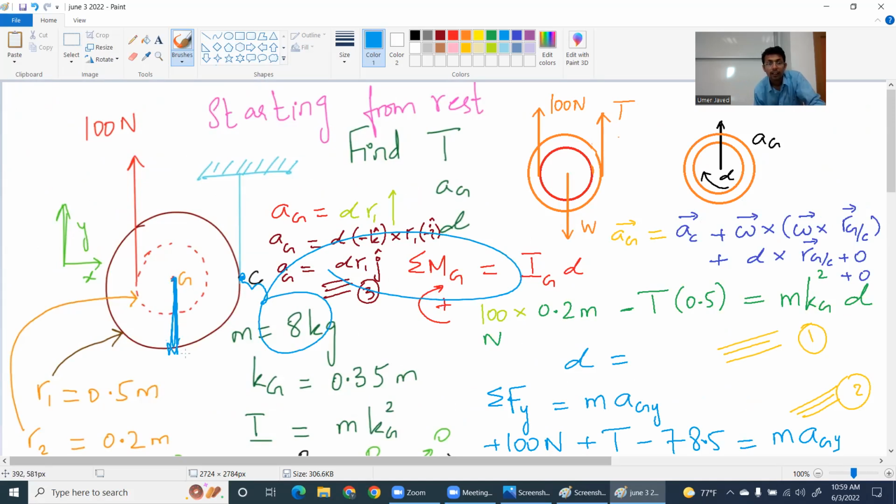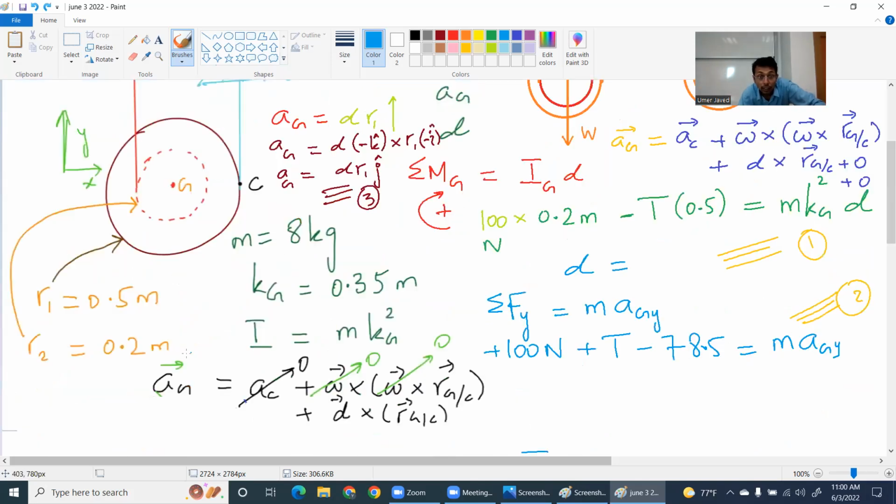This is anti-clockwise, so it is negative. I am saying anti-clockwise as negative, not just because I decided, but because for me the alpha clockwise is positive in this problem. That's why for me the I alpha terms are clockwise positive, sitting on the right hand side. I have to follow that. Clockwise is positive. Acha.